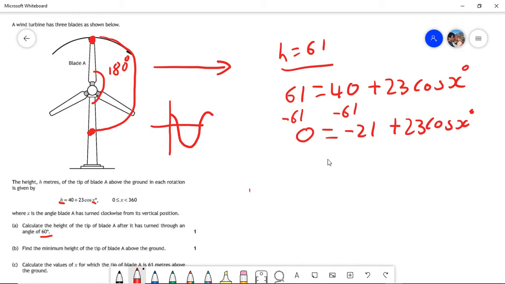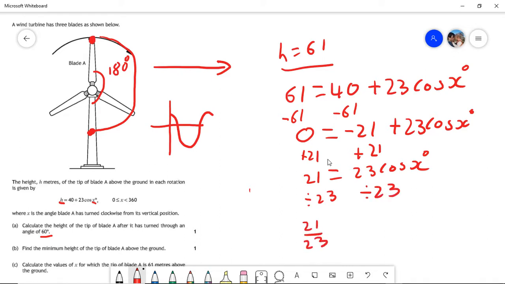So now what I'll do is I'm going to solve for this. So I'll add 21 to both sides. I'm going to divide by 23. And then I'm going to use the inverse function on my calculator to find out what x is.